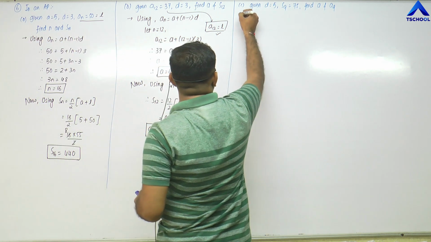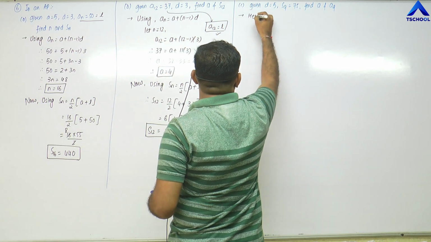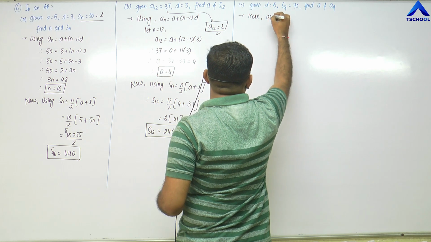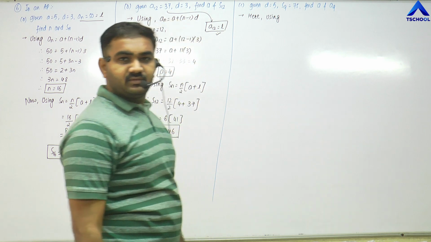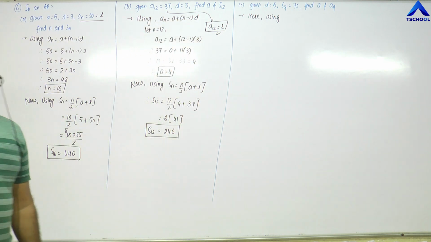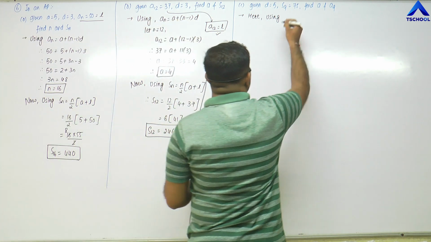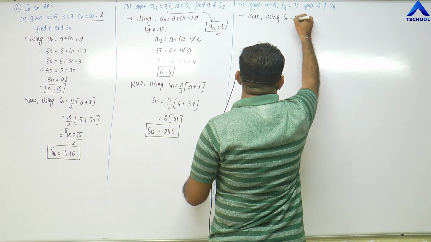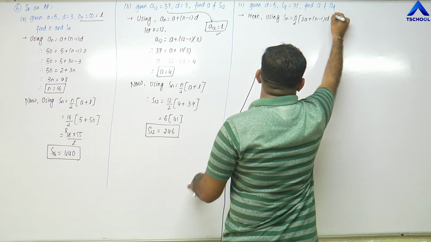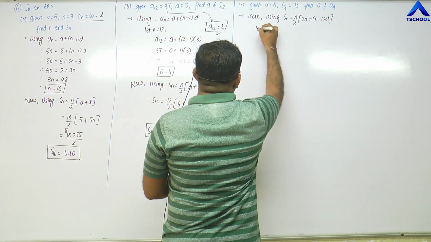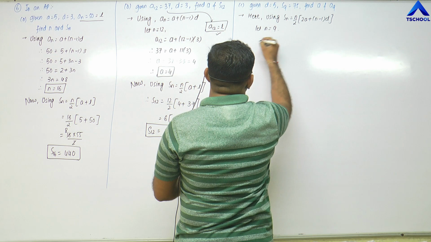First of all, we shall find out A, using the formula Sn equals n by 2 into 2a plus n minus 1 into d. Let n equal to 9.